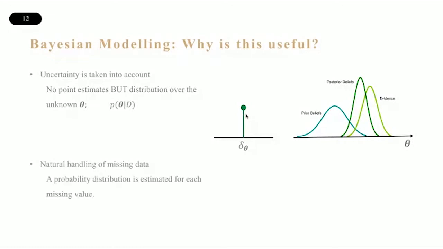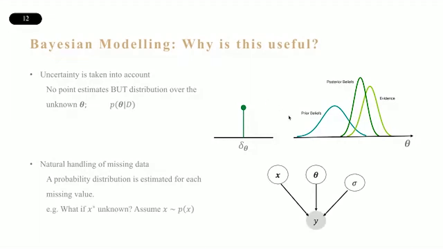I'm also able to naturally handle missing data. For example, if I go to the previous linear regression example, I show now in my plot that X is also unobserved. Using the Bayesian principle, I assume a probability distribution over X, P of X. Then I can sample from it, and I can fill in any missing data.